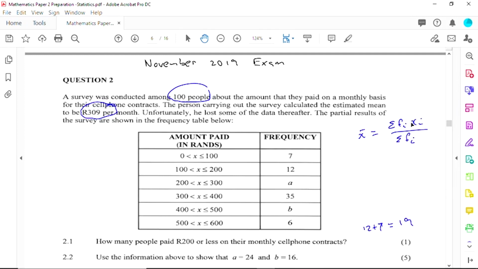So we need to find xi. Recall that the xi's are the midpoints, so we just look for the midpoints of these intervals.